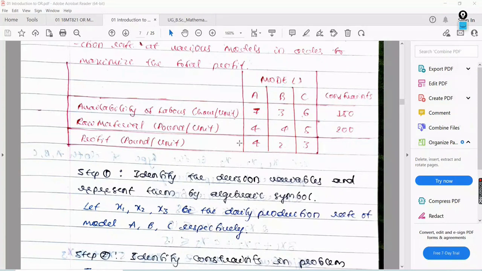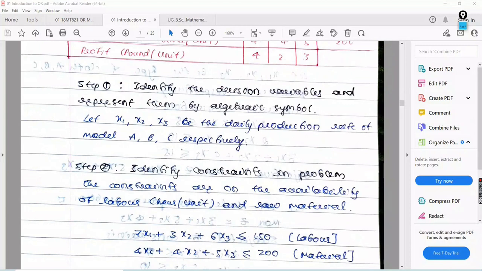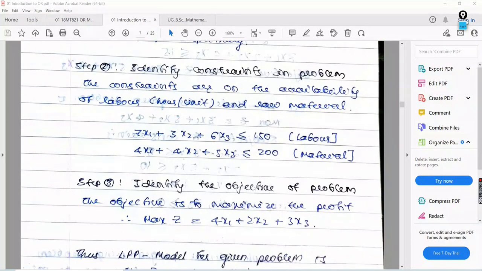The labor requirement is 7x1 plus 3x2 plus 6x3 less than or equal to 150. This is the labor availability; if it is less than 150, it is good. Then the raw material required is 4x1 plus 4x2 plus 5x3 less than or equal to 200.